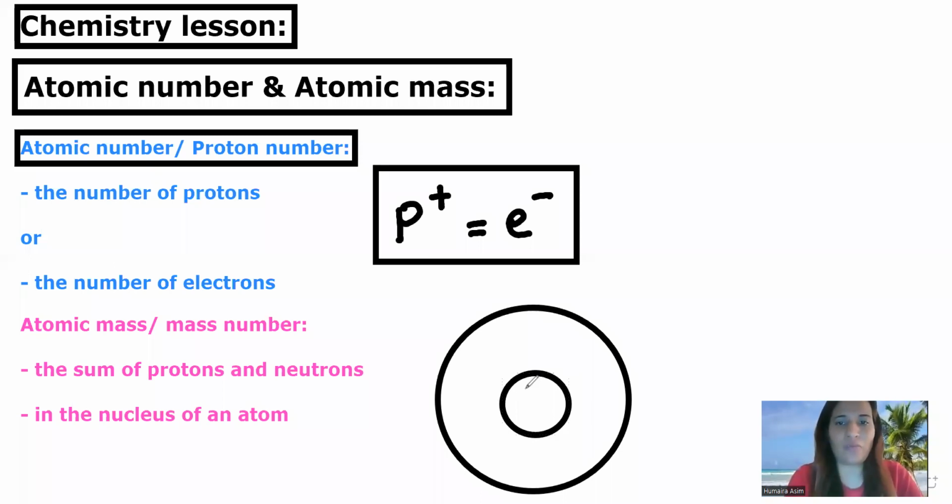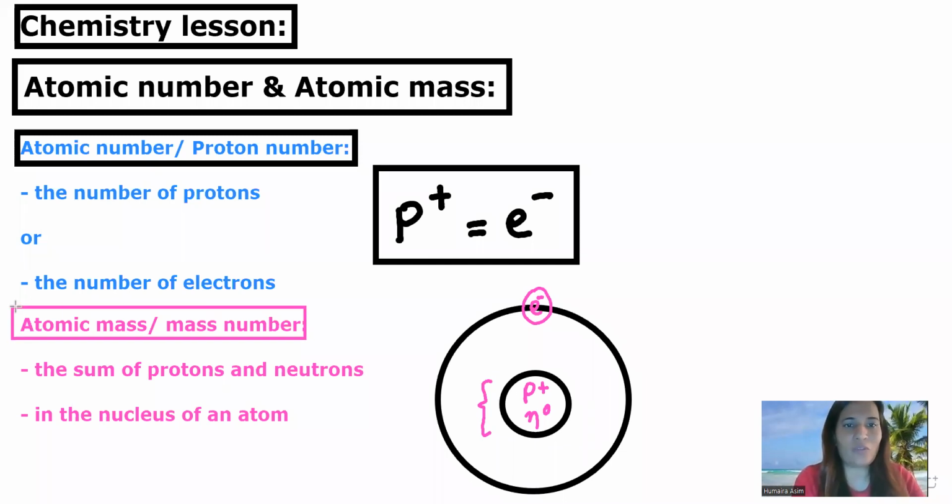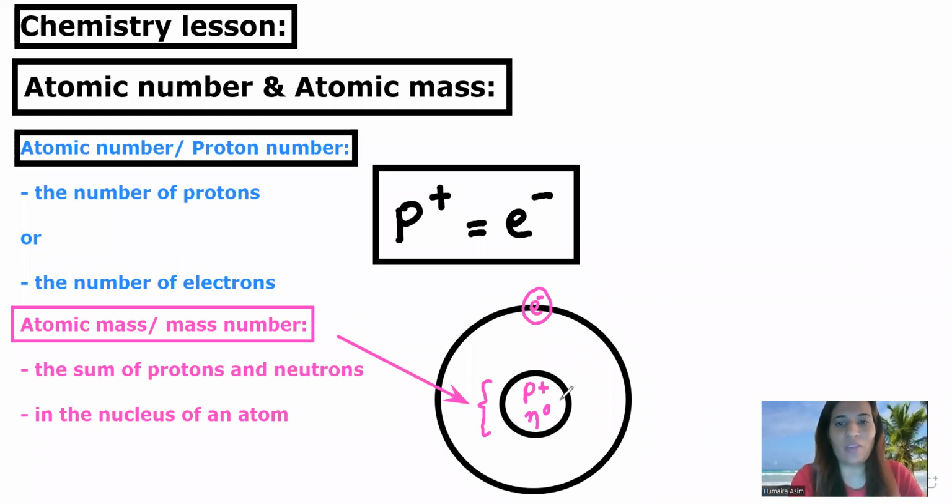Here we have protons and neutrons, and here we have electrons. So the protons and neutrons in the nucleus are what give us the atomic mass. We are referring to this here in the nucleus of an atom. What is this thing where protons and neutrons are residing? This is basically called the nucleus.